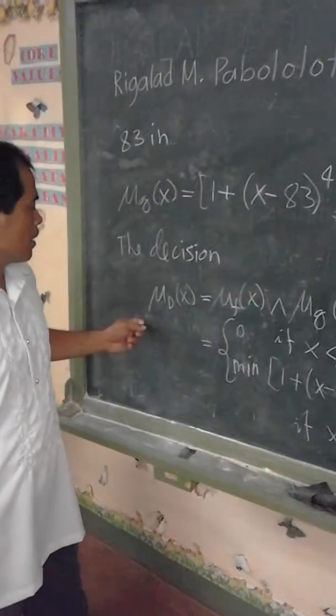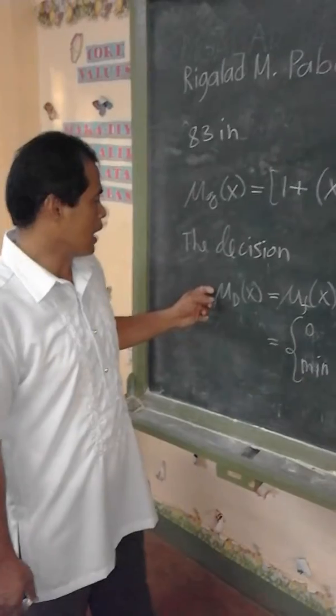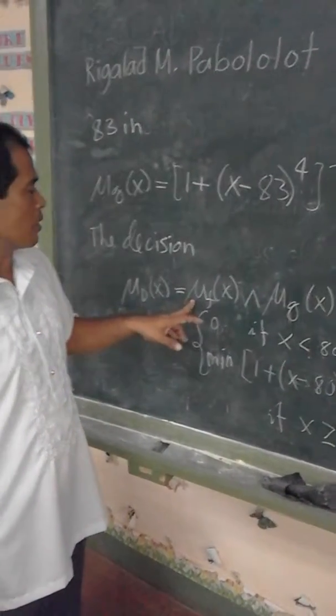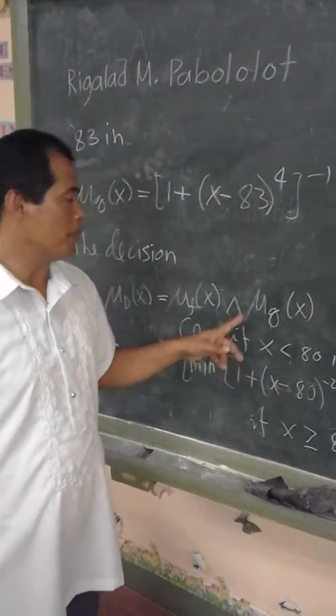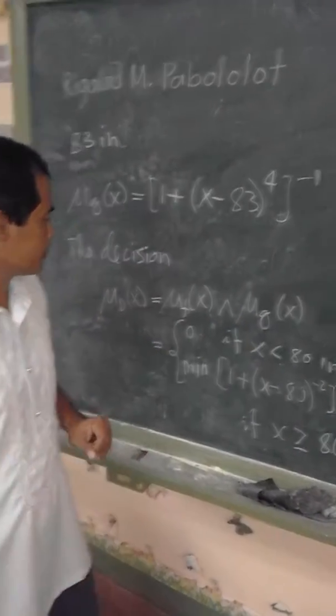So we have the membership function of x in D equals the minimum of the membership function of x with f and the membership function of g of x to g.